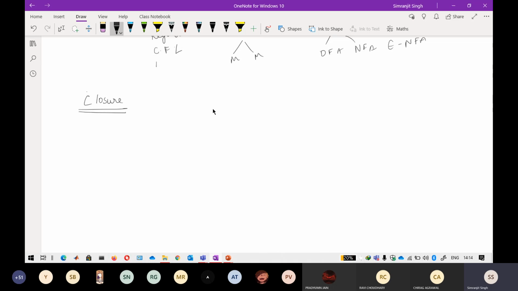I will take another example, which I think I told you about yesterday. Suppose this is your set, a set of natural numbers. The natural number range is from 1 up to infinity.